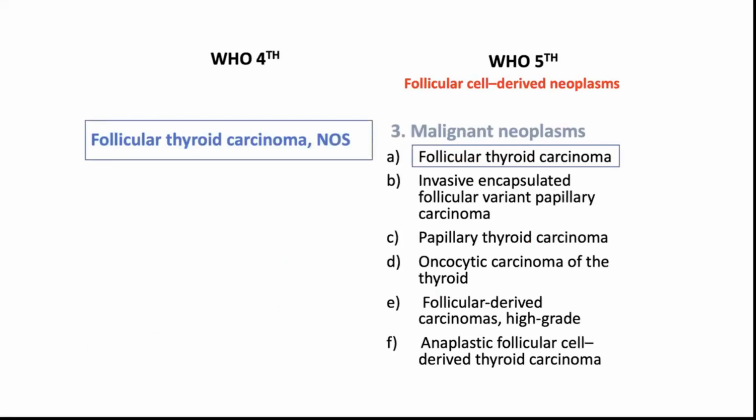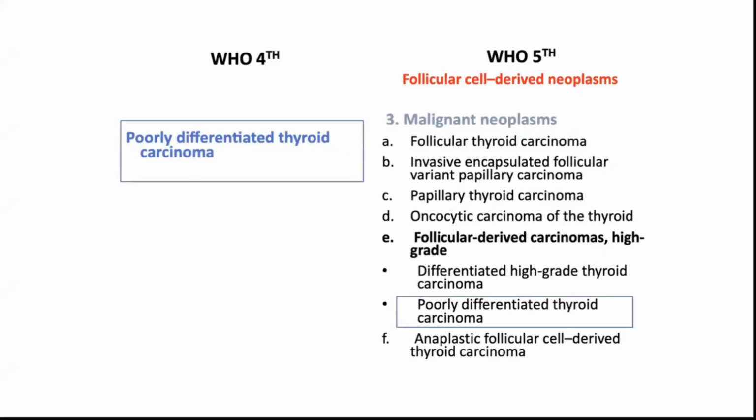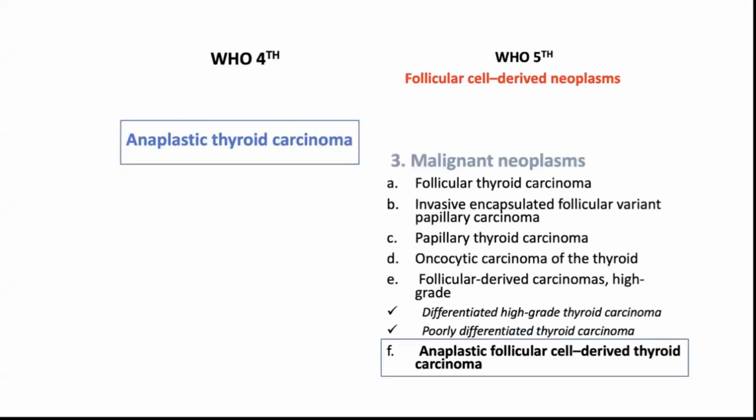Follicular thyroid carcinoma of no special type has come under malignant neoplasms as follicular thyroid carcinoma. Poorly differentiated carcinoma has come into follicular derived carcinomas, high grade, along with differentiated high grade thyroid carcinomas.